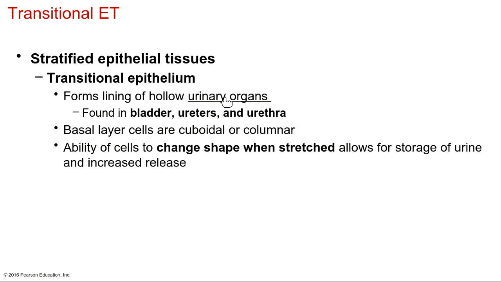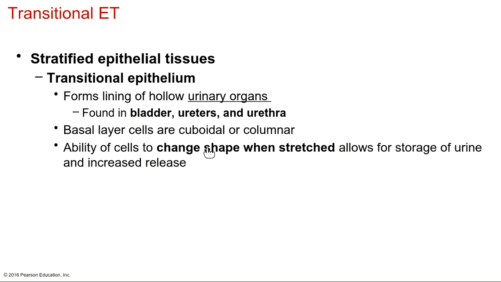The ureters, bladder, and urethra, for example, need to accommodate changes in urine volume. If the bladder is full of urine, it's going to stretch out. So we need the cells there to be able to change shape to allow that.